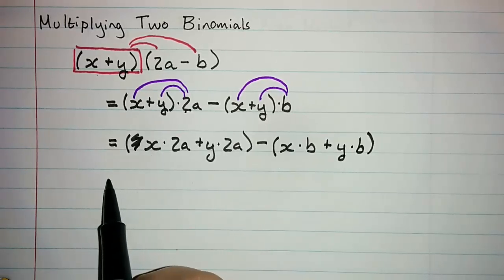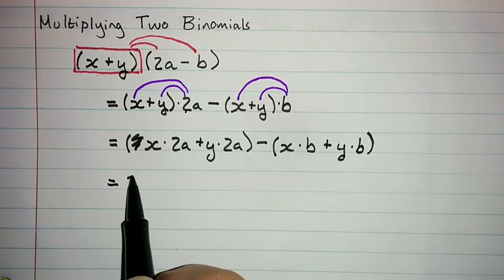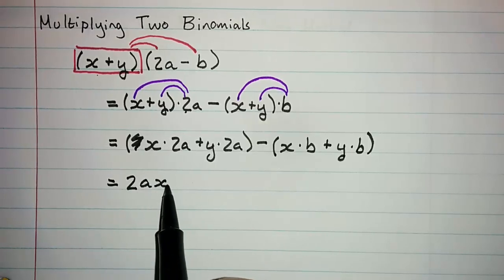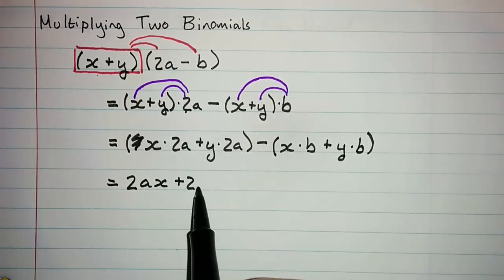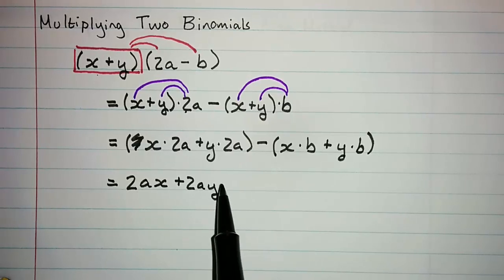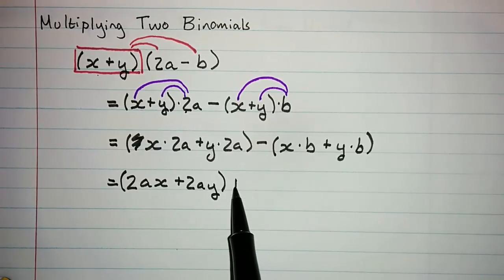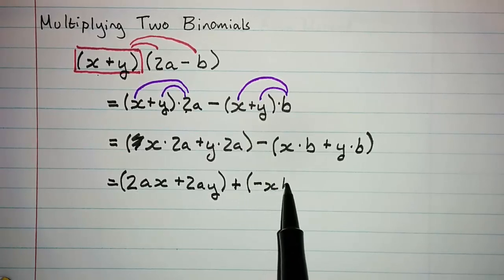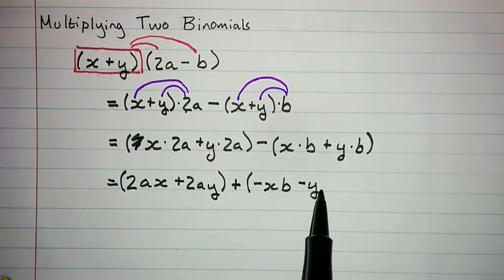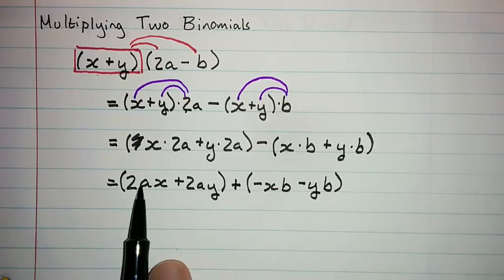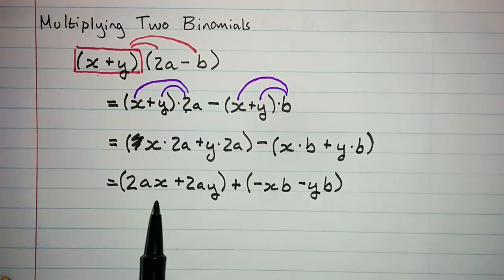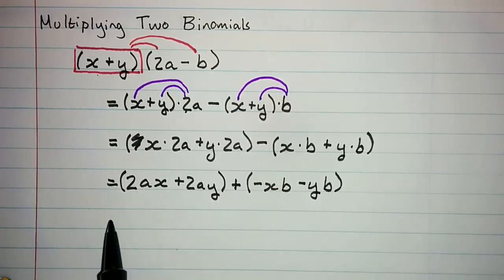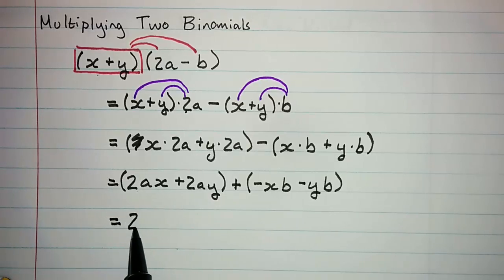Let's do this multiplication. I'll write this as 2ax plus 2ay. We'll write this as plus the negative: negative xb minus yb. And now finally we'll do the addition, noticing that there are no like terms here.